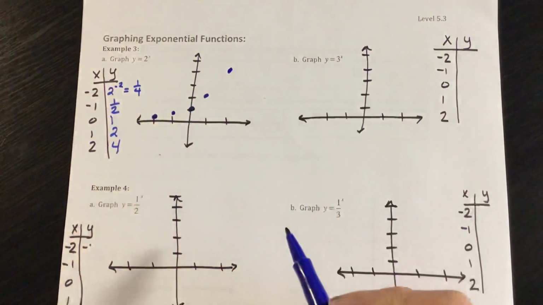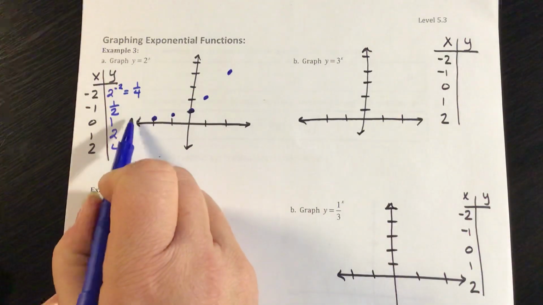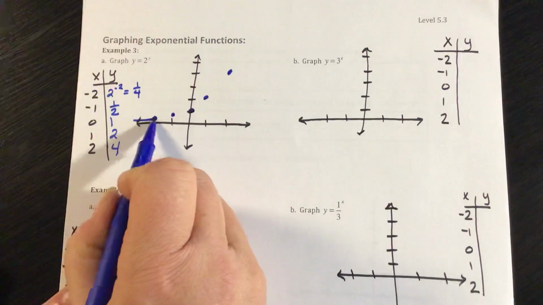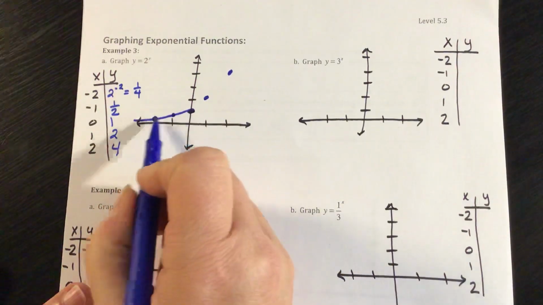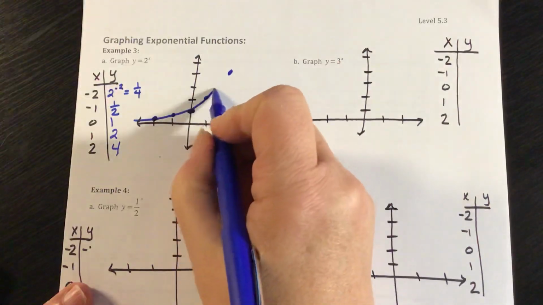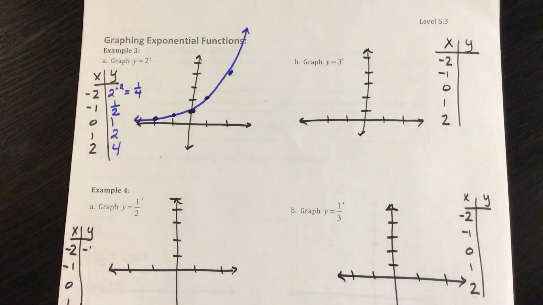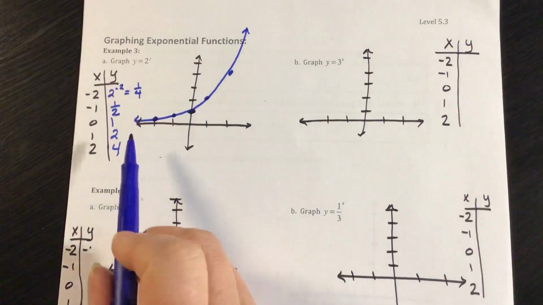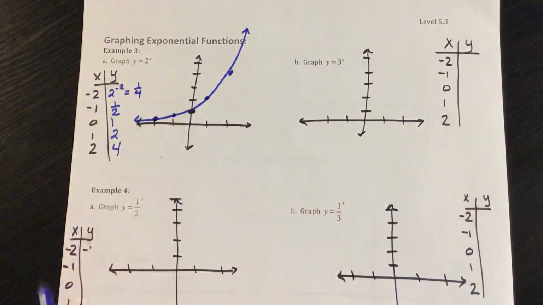Be about right here. Okay, so coming in from the left, we have very small numbers, and we start to kind of turn a corner here, and it's going to go up very fast. That's a characteristic of an exponential function. It starts very slow, and then it kind of turns a corner and goes up fast.